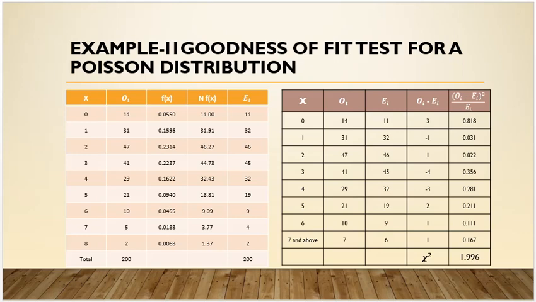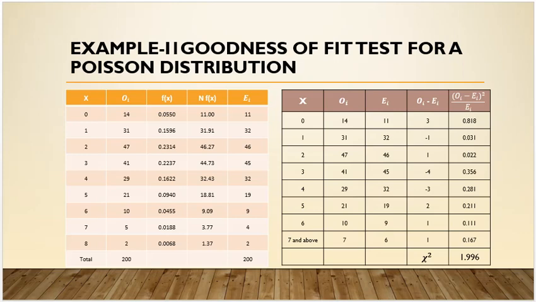The observed frequencies are 14, 31, 47, 41, 29, 29, 10, 7 and above 7. The expected frequency, that is nf(x), approximated to the nearest whole number, is obtained as 11, 32, 46, 45, 32, 99 and 6.